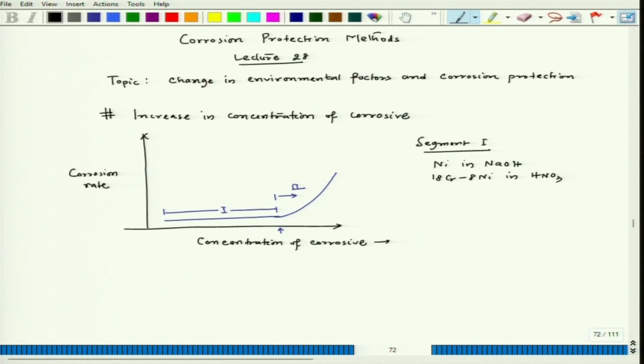In this case, if we dip nickel in NaOH or dip 18.8 stainless steel in HNO3, immediately those alloys or metals will get to the spontaneous passive zone. The passive zone will be achieved very quickly, and then definitely it will be maintained in the passive zone for a wide range of concentration.